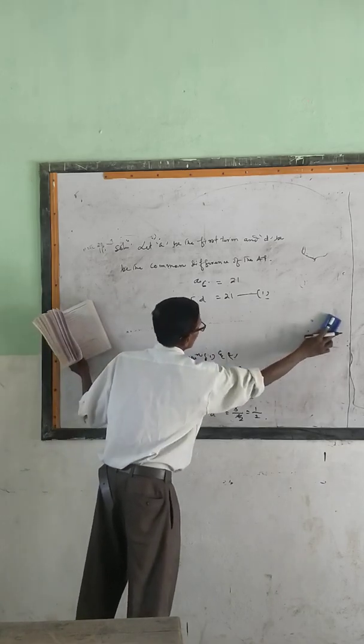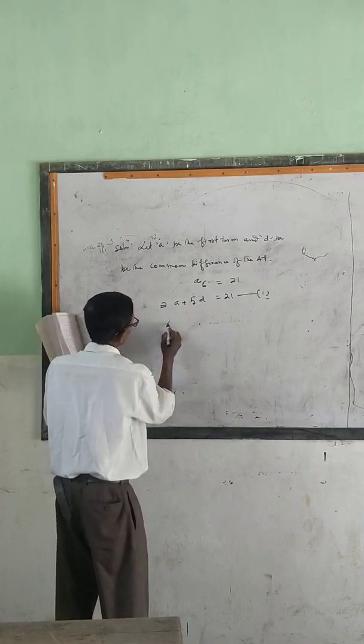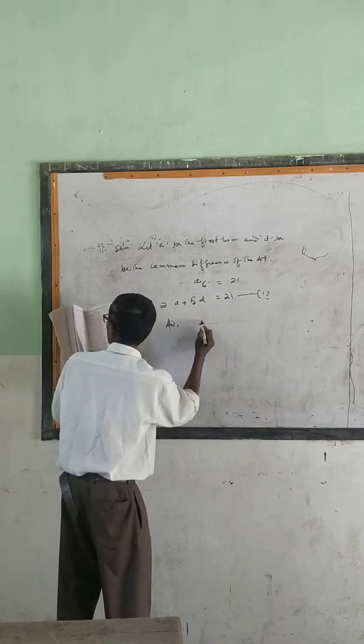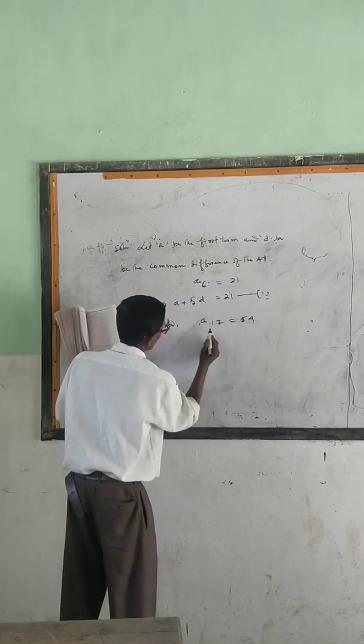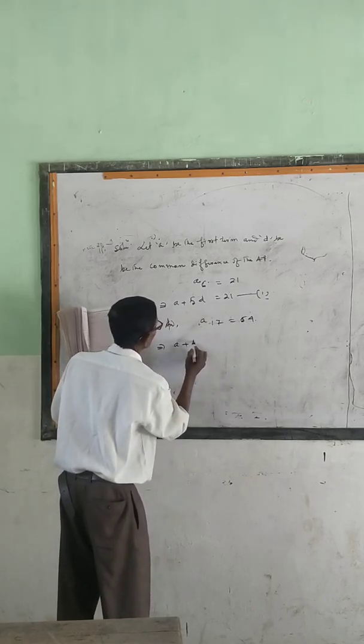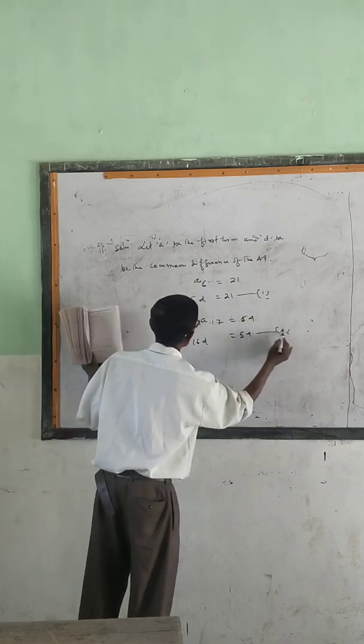After that, A17 equals 54. This is A plus 16D equals 54. Equation number 2.